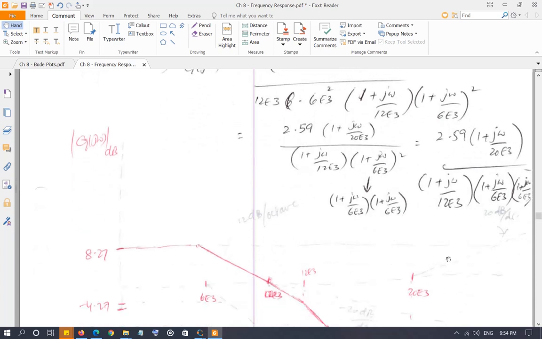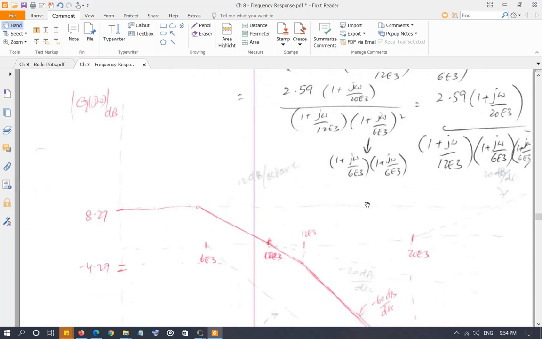Okay, so now you're going to plot the Bode plot corresponding to each one of them. So 20 log of 2.59, which is 8.27. So a straight line for this. Then 20 log of the magnitude of this factor. As long as it is less than 20 exponent 3, it is 0. When it starts going beyond 20 exponent 3, it's going to get a slope of 20 decibel per decade.